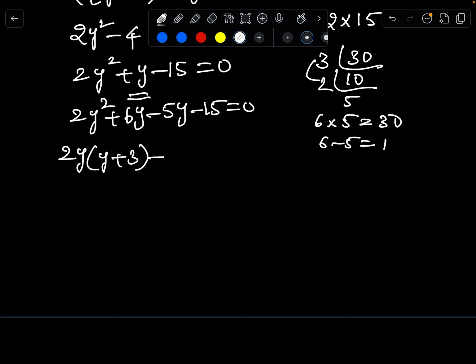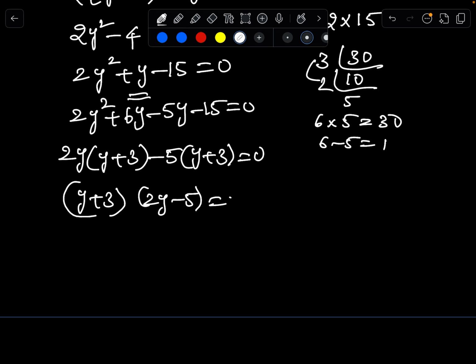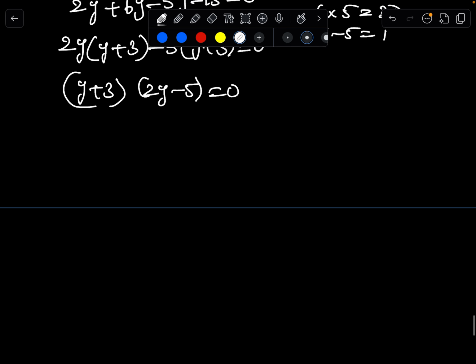In the last two terms, taking minus 5 common: y plus 3 equal to 0. Then taking y plus 3 common: 2y minus 5 equal to 0.